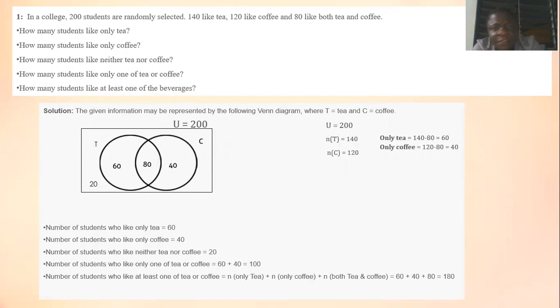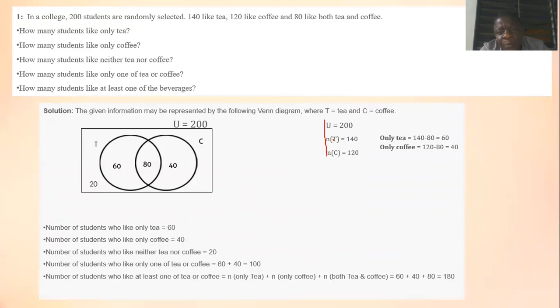140 of them like tea, 120 like coffee, 80 like both coffee and tea. So from these, we can deduce 200 for the universal set, 140 for all the people who prefer tea, and 120 for all the people who prefer coffee.